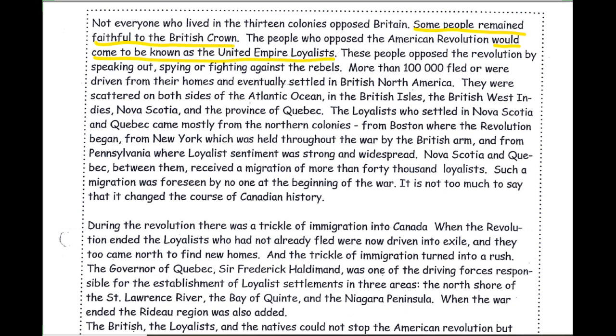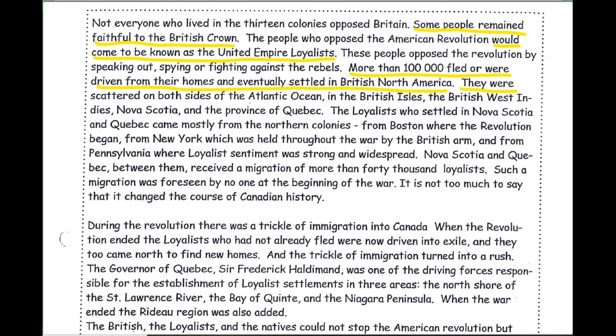These people were opposed to the revolution, and they did so by speaking out, spying, or fighting against the rebels. More than 100,000 fled or were driven from their homes and eventually settled in British North America. So you can highlight that.